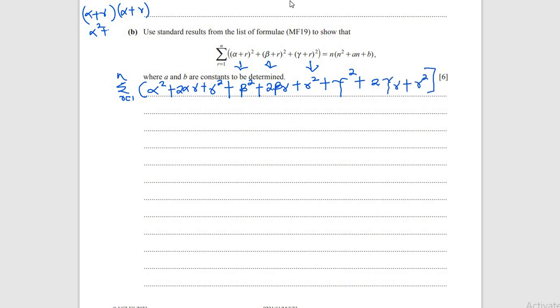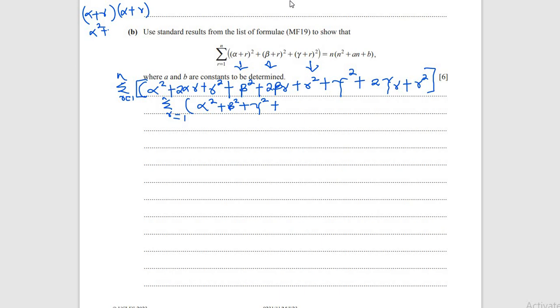That's the whole idea. Now, after expanding it, let's rearrange it, collecting the like terms. Summation r from 1 to n. Alpha squared plus beta squared plus gamma squared. I've collected the like terms of that one.